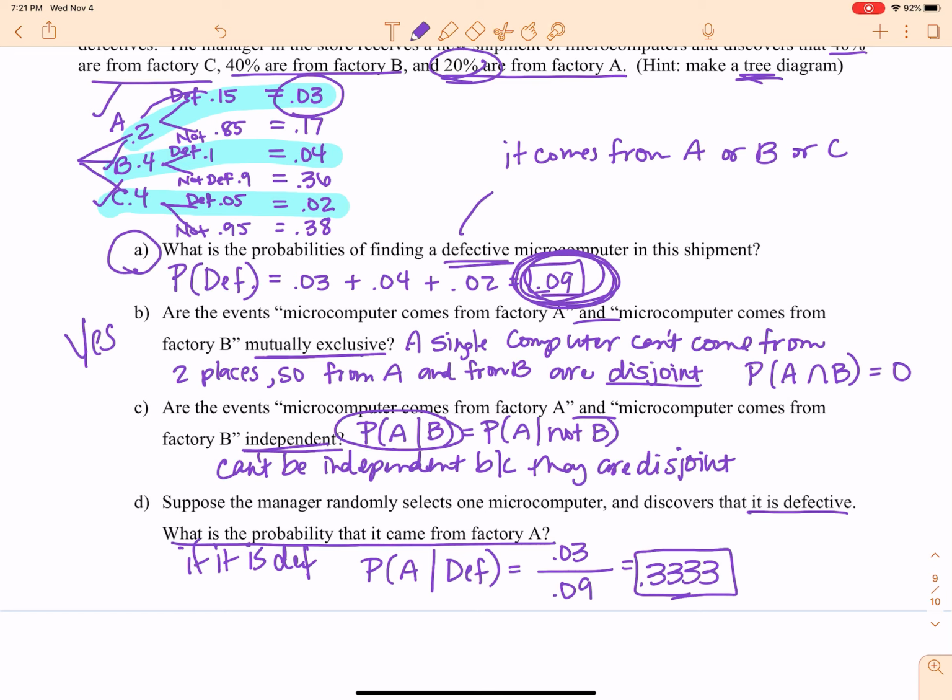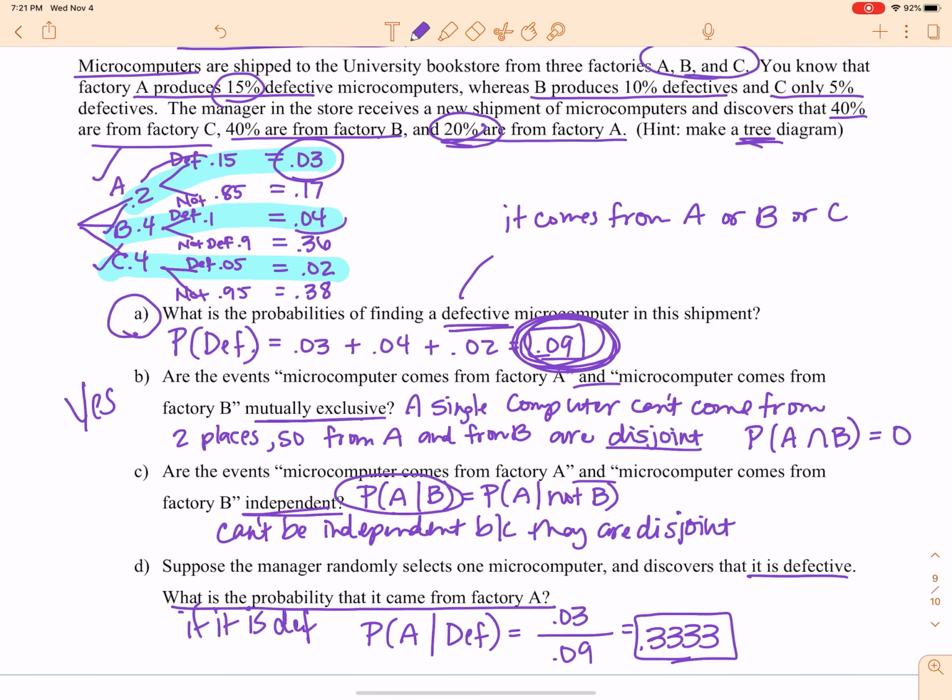Okay, so let's talk about something. The probability that it's defective, remember, is these three things added together, the 0.09. When you're finding conditional probability with a tree, the denominator is going to be these things added up.